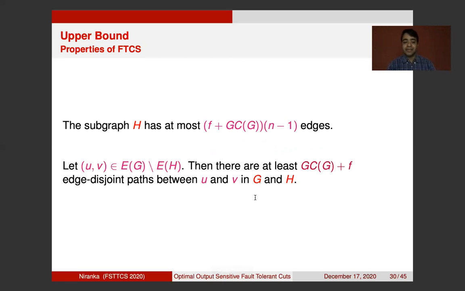This is by our construction, because if u and v were in different components, the edge would have been added. So u and v are in the same component in all GC(G) plus f forests, which results in so many edge-disjoint paths.